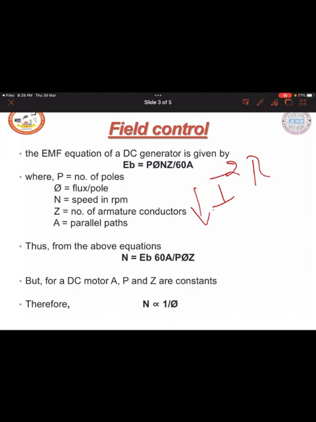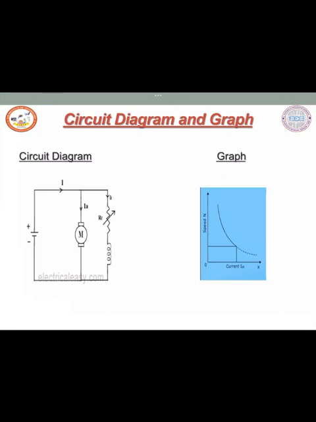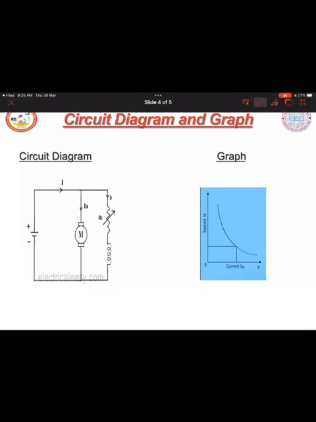Now if you observe the disadvantages, speed control below the rated speed is not possible here. We can only get speed control above the rated speed or up to the rated speed. Below the rated speed, we cannot go with this method, as the flux can be increased only up to its rated value.